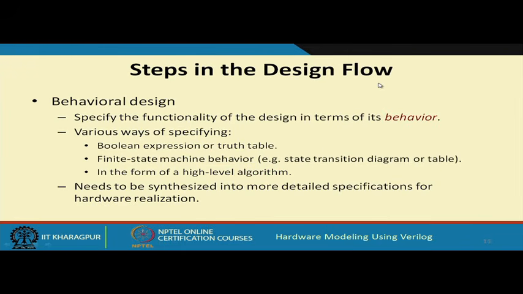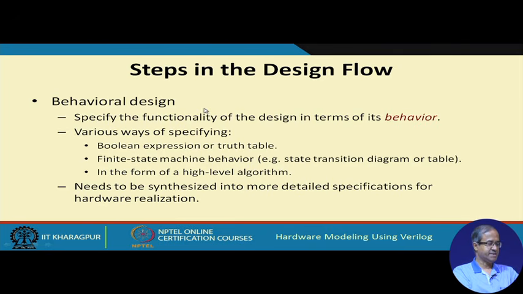Talking about the steps in the design flow, the first was the behavioral design. As I said, here we just specify the functionality of the design in terms of the behavior. We do not say how it is doing it, we just say what we want. Some examples in the behavioral style: we can express a function in the form of a Boolean expression or in the form of a truth table.